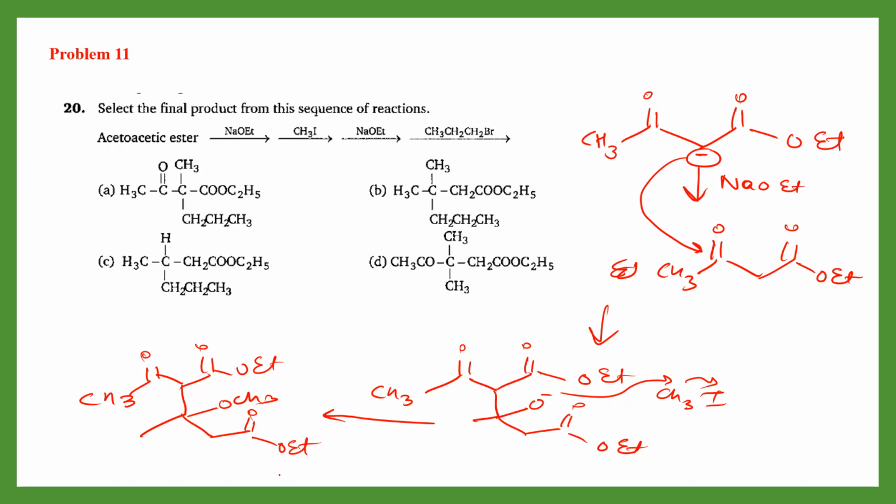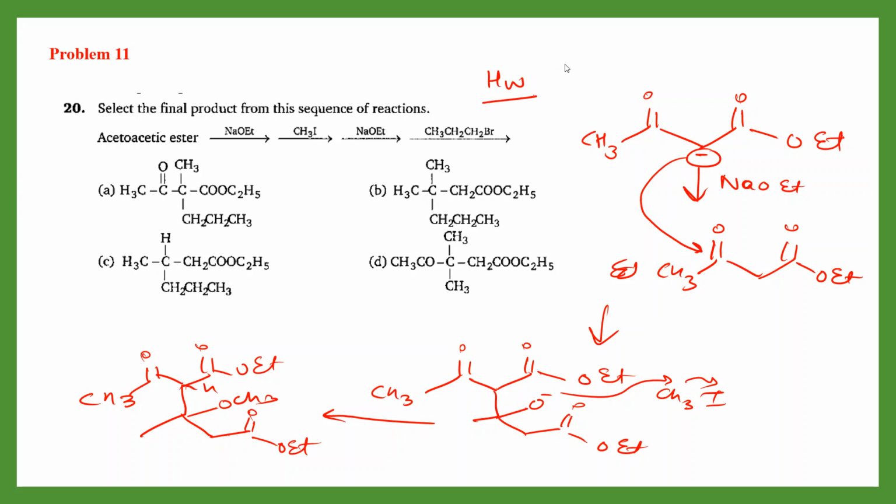Everyone is clear till here. Now another base is given. The base can abstract a proton from this side. One, two, three, four. I am keeping this as your homework. First, you have to draw it for the next class. First we will discuss this, then we will move ahead. So you have your acetoacetic ester.